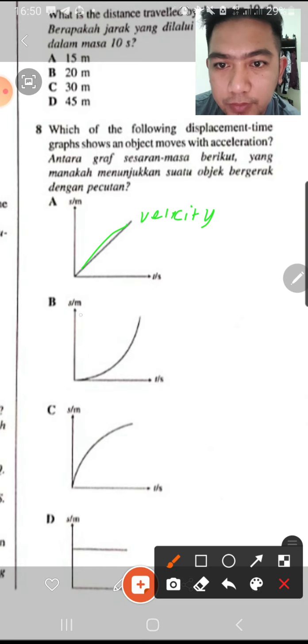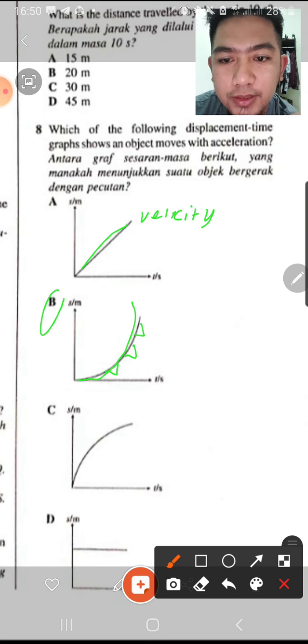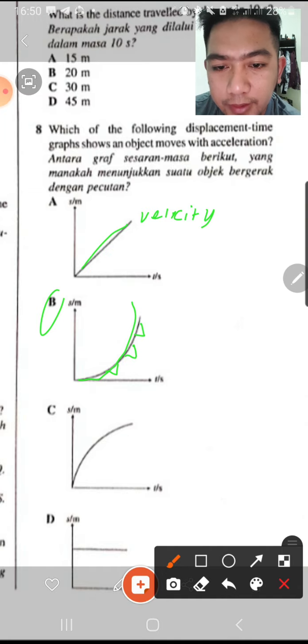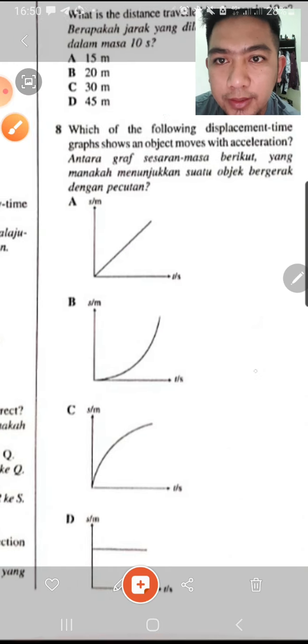No, constant velocity. B. Okay, this one is B. The answer is B. The top graph is already curved, right? It means its velocity is increasing if you calculate its gradient. So when velocity is increasing, it means acceleration. Okay, the one below is wrong.